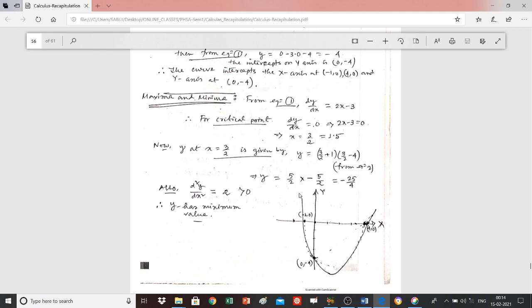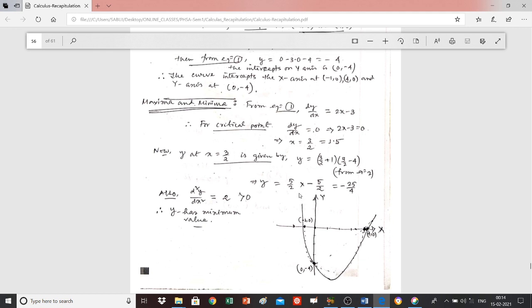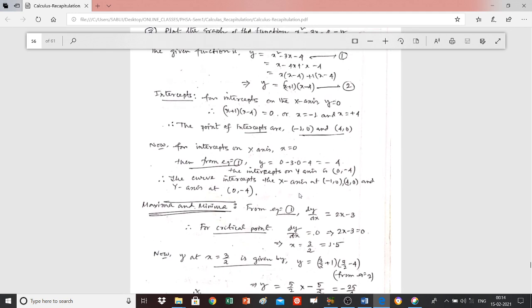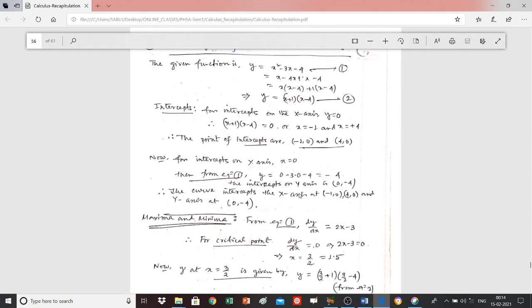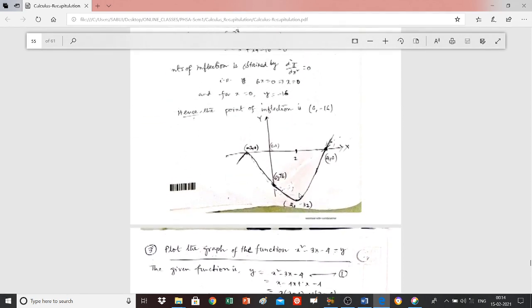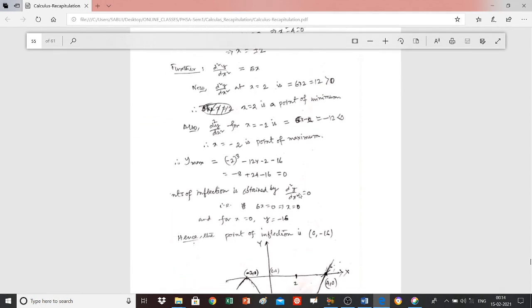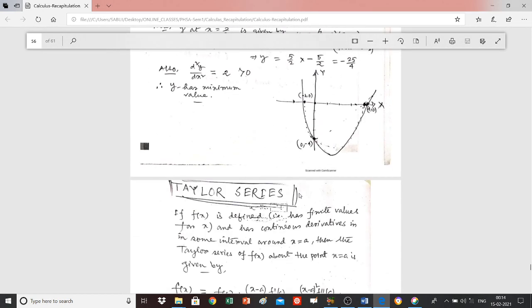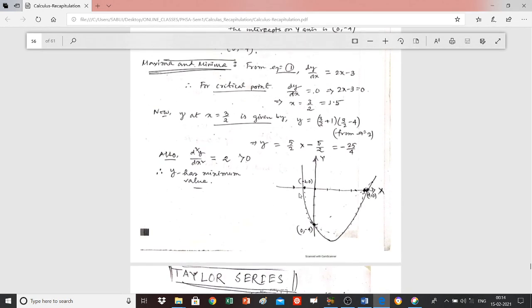So this will be the graph that you have to find out. And obviously, in this case, you can also find out the point of inflection by the knowledge of the previous calculations. You can calculate the point of inflection, and you will then be able to completely plot the graph.